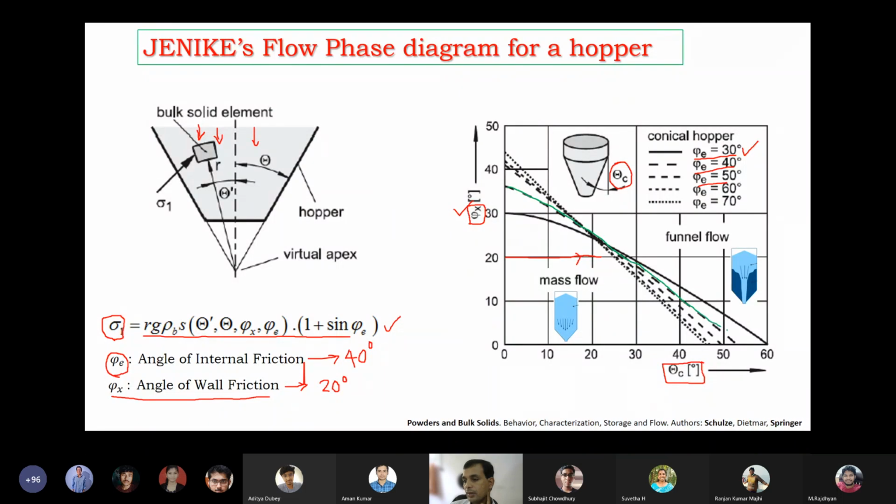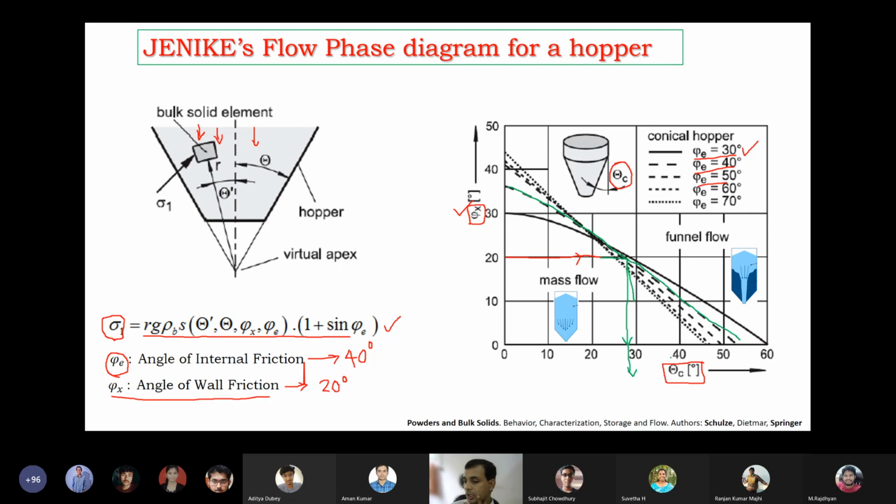If I extend, I will get the maximum conical Hopper angle.